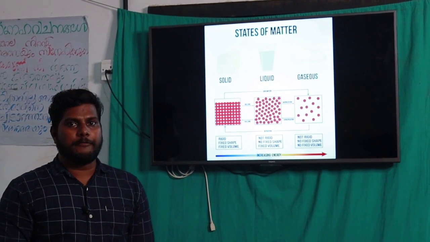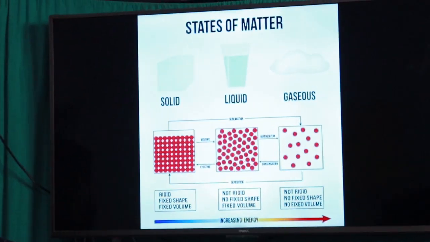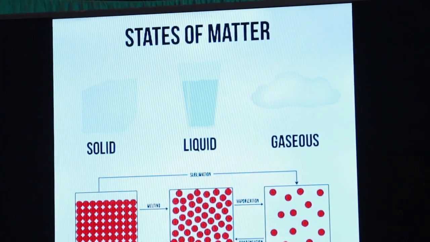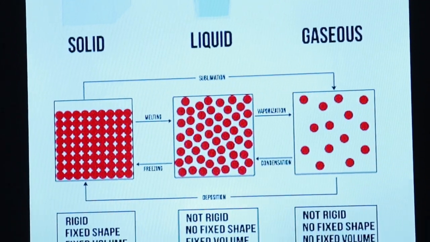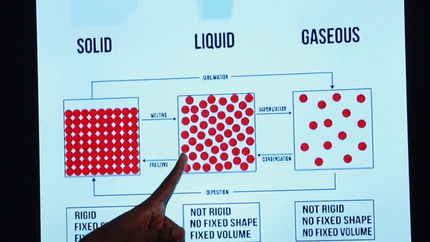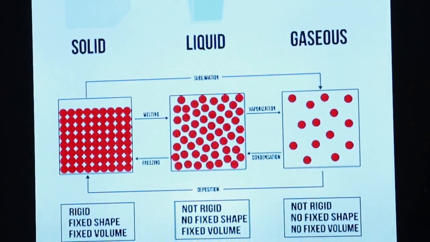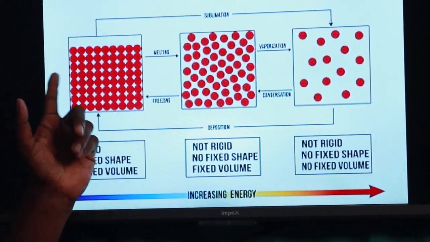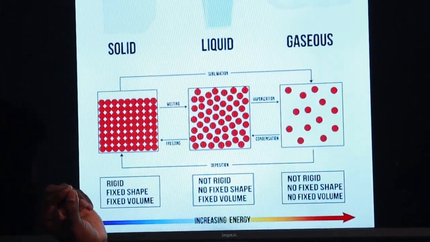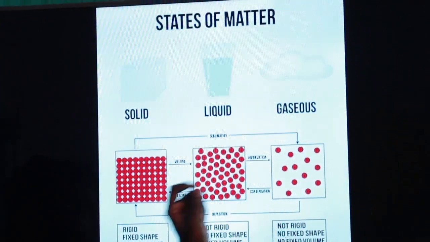Now we differentiate solid, liquid and gaseous. Firstly, the molecular arrangement of a solid, you can see here, is maximum tightly packed compared to the liquid and gaseous states. In the case of liquid, it is quite loosely packed than solid and more tightly packed than gaseous.